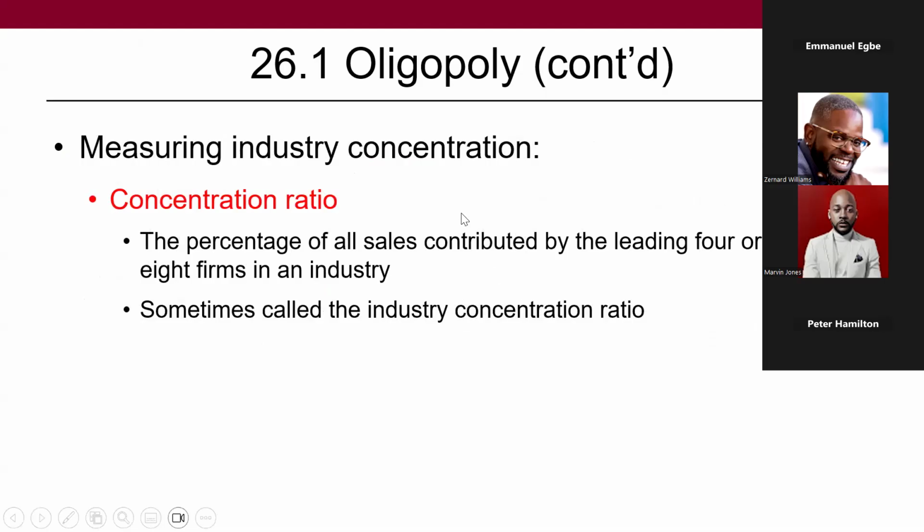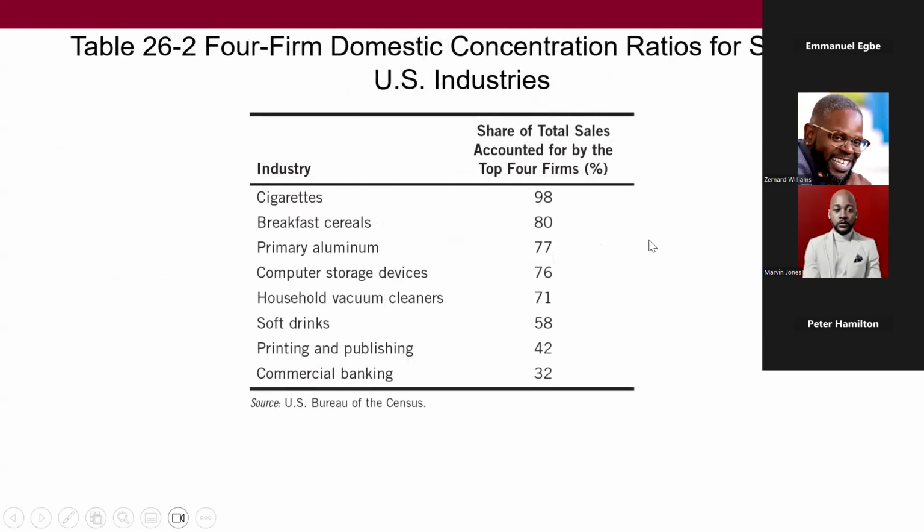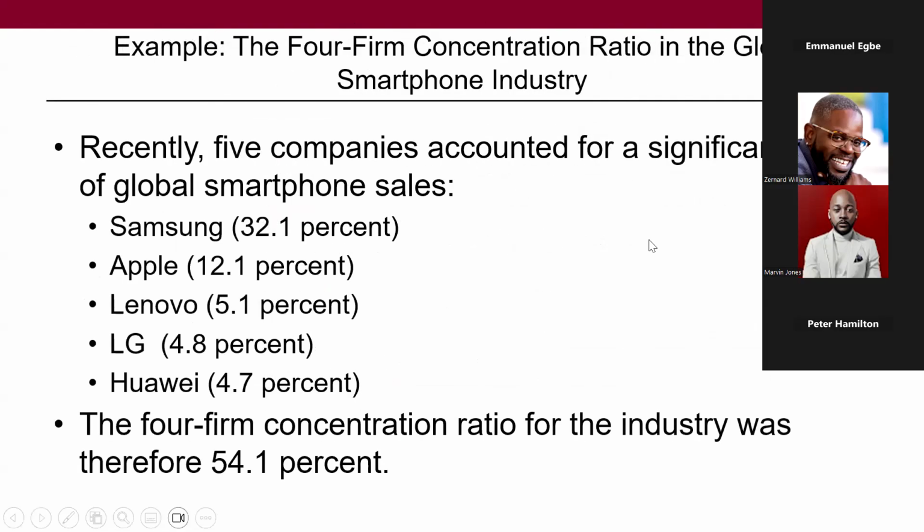There are different ways of measuring oligopoly, and this is why, when governments have antitrust policies, they calculate these ratios in order to approve the merger of firms, so as not to limit competition in the market.